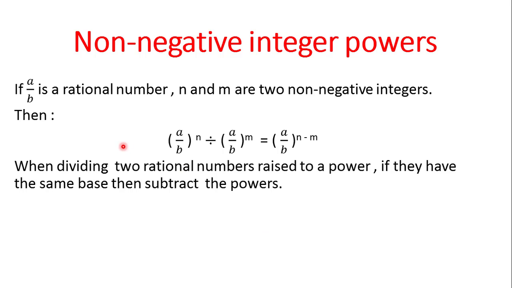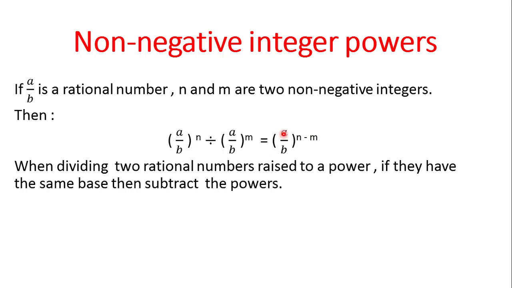The second rule, if you have any rational number a over b, with the same base, but the operation here is division. So I'll divide a over b to the power n by a over b to another power m. In this case, I'll subtract the powers.